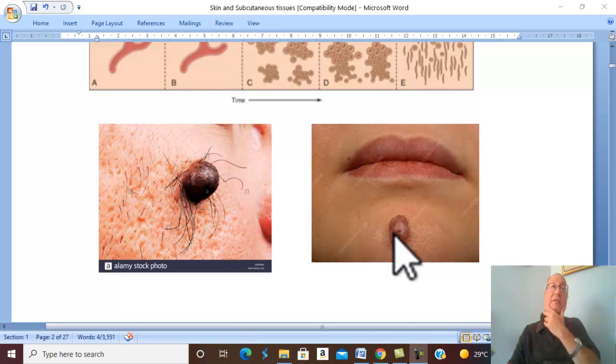Pigmented nevi or moles usually appear at birth or soon after birth or in childhood. The origin of these pigmented nevi or moles is melanocyte, which forms melanin, responsible for the color and pigmentation of the skin.